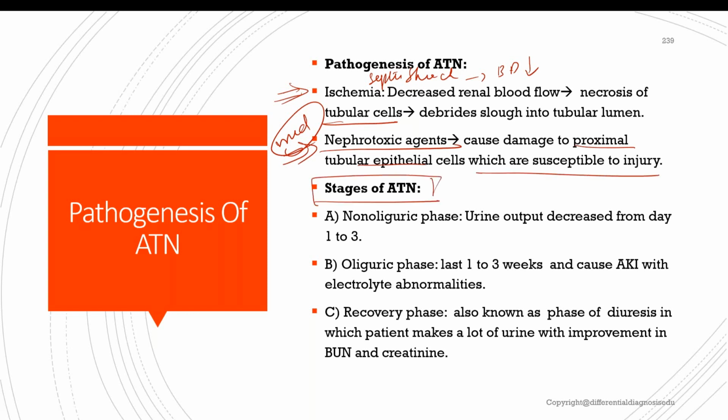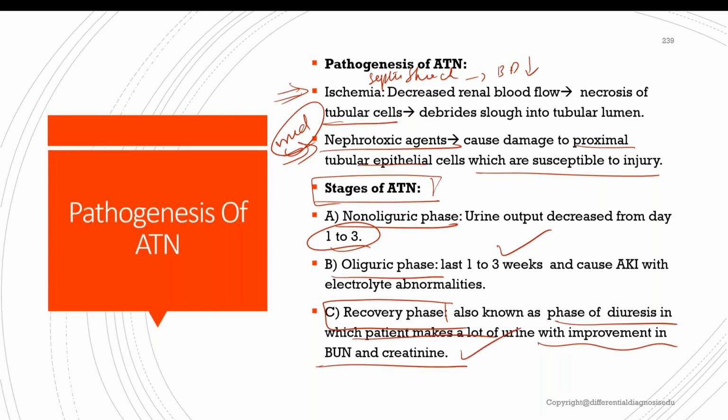It has different stages. In the non-oliguric phase, they are making urine, but less urine, for 1 to 3 days. If it continues to progress, the patient will make no urine or less urine for 1 to 3 weeks. Then in the recovery phase after 3 weeks, the patient will start diuresing and produce a lot of urine, with improvement of BUN and creatinine.